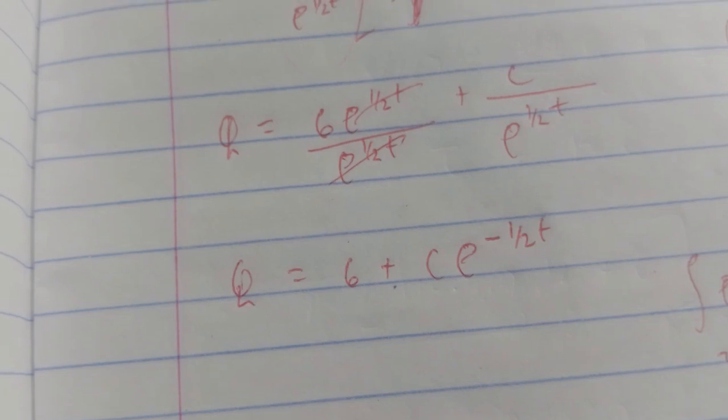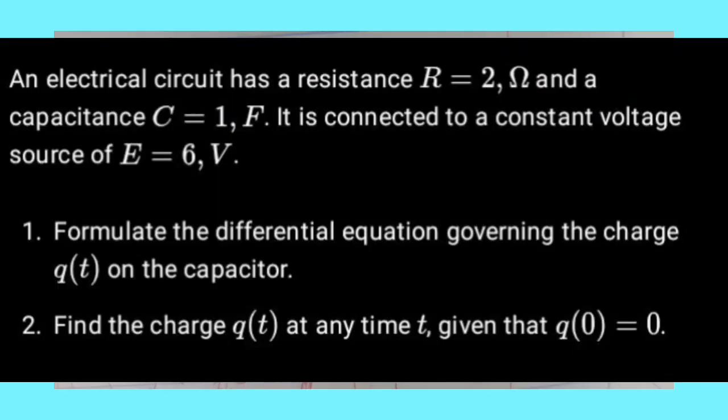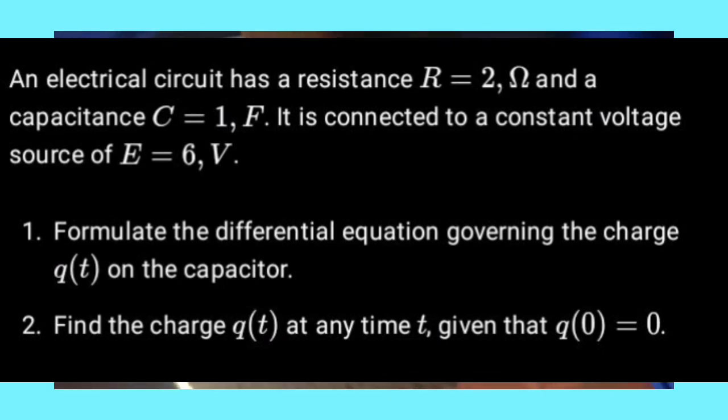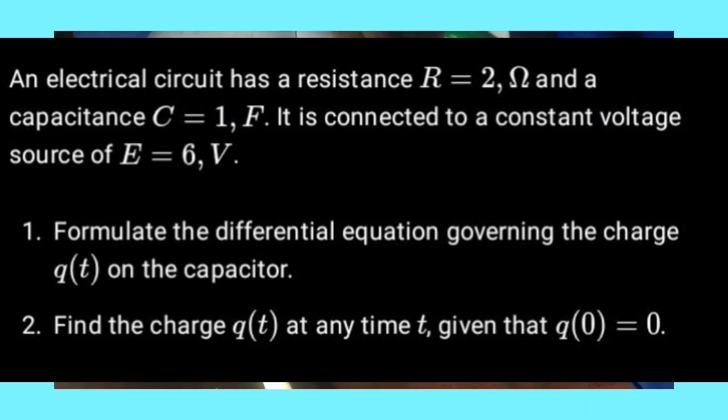Now, if you look at the condition again on your screen, from the question we can see that they say find charge q of t at any time t, given that q of 0 is 0.